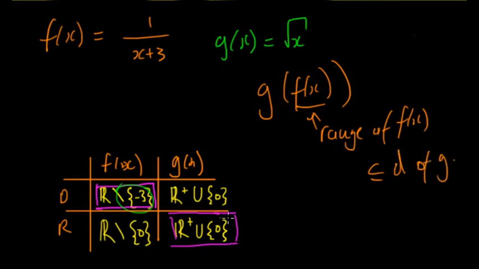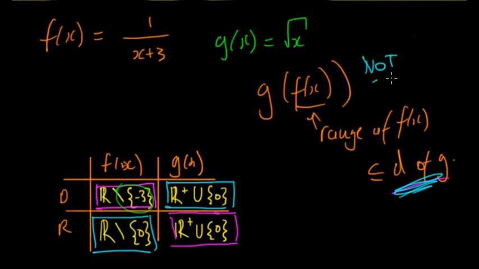So if you look at this, we have the domain of g here, and then the range of f(x) here. And so without a restriction, this is not defined. And the reason for this is because it is not a subset.